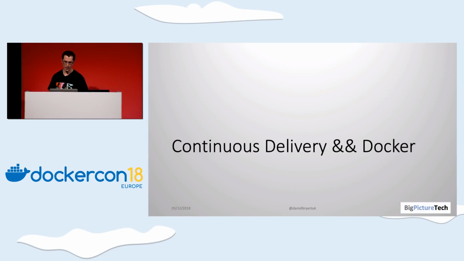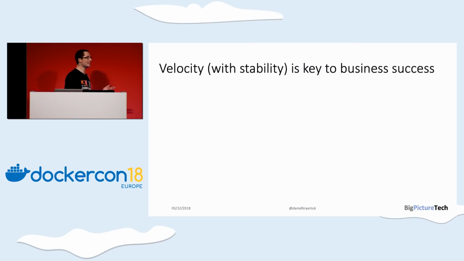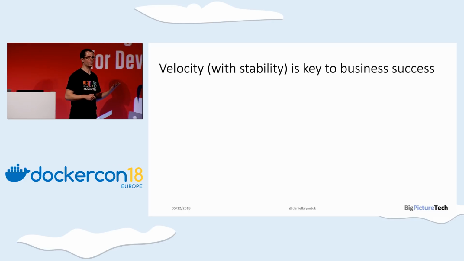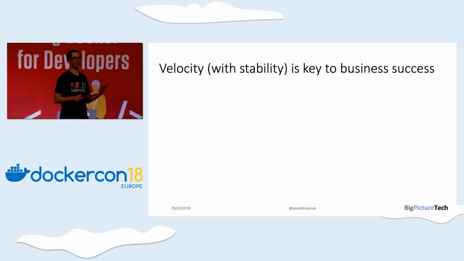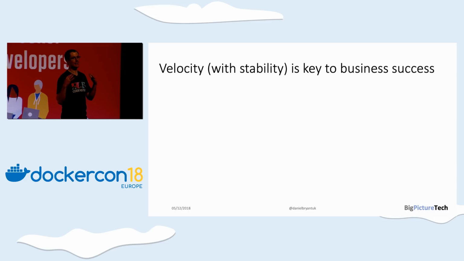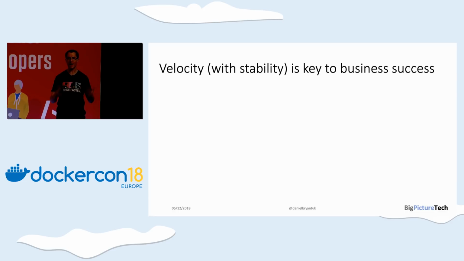So to set the scene, to make sure everyone's on the same page here: continuous delivery in Docker. Continuous delivery is all about velocity and stability. It's what we generally prize in this industry. We want to go fast, but we want to do it without falling over, and we don't want to get breached in terms of security.